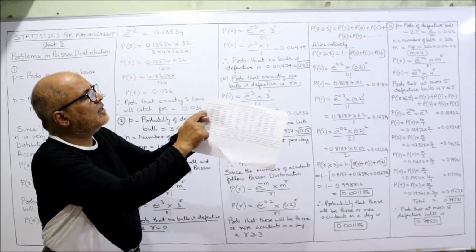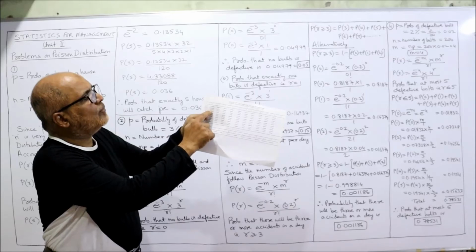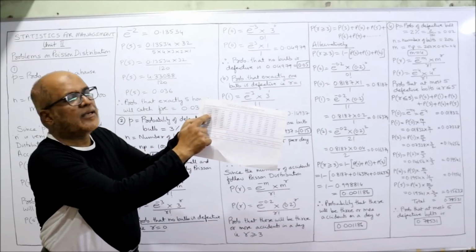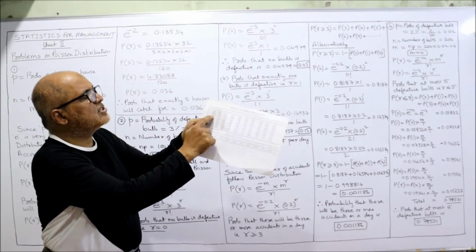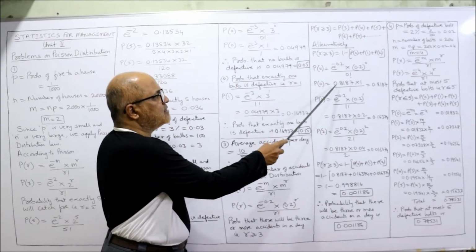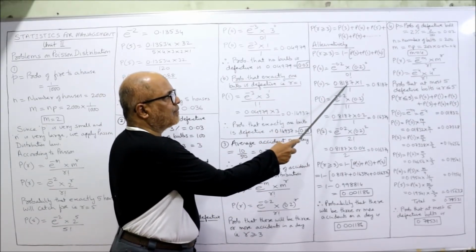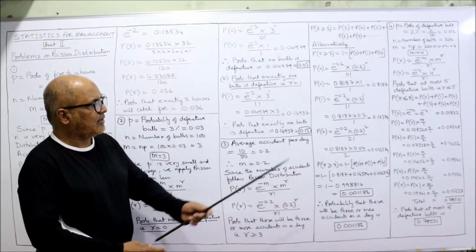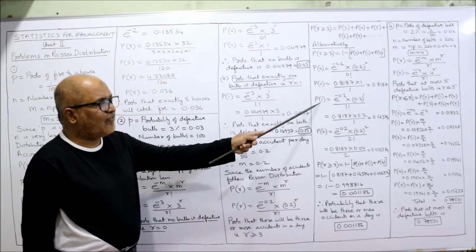So here you can see 0.2 under 0. You will get 0.8187. So I am taking 0.8187 into 1 divided by 1, which is equal to 0.8187. This is P of 0. Now P of 1.